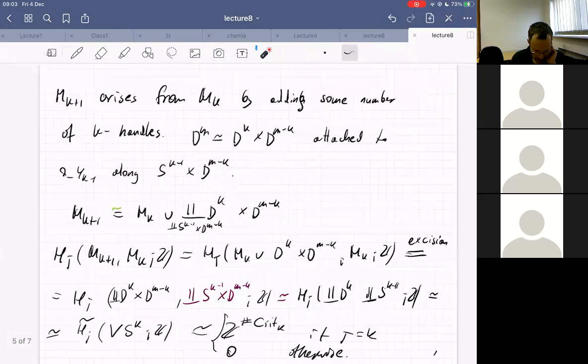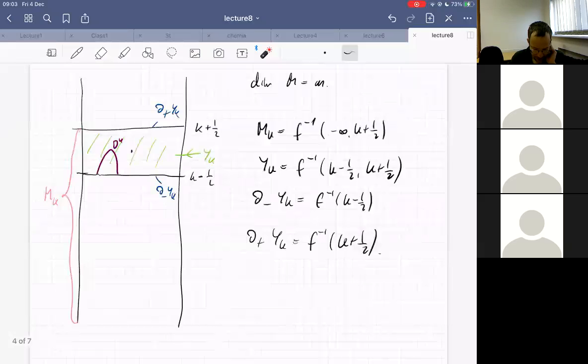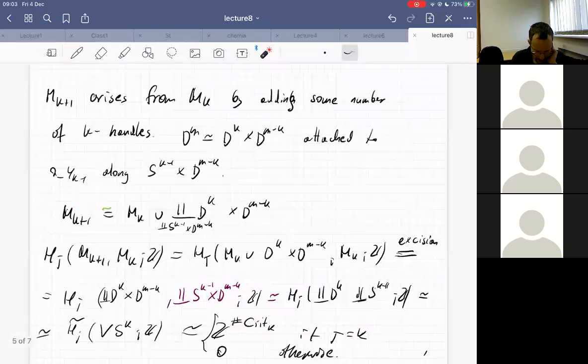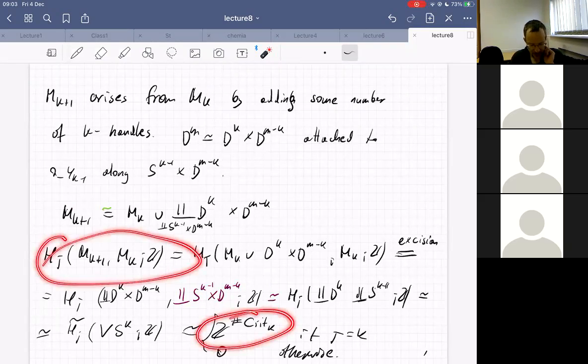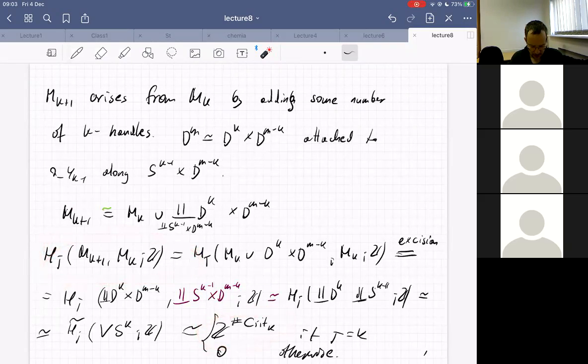So we have an isomorphism, but the isomorphism of this space to that space assigns to each critical point of index K plus the orientation an element in this group.